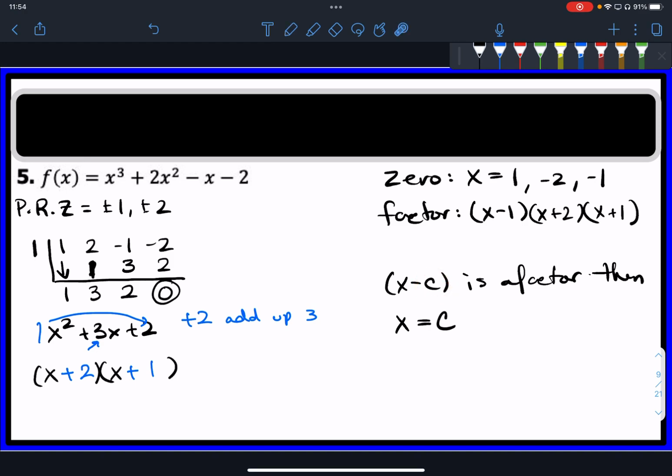And vice versa: if x is equal to c, then x minus c is going to be the factor. So here are my answers. My zeros are x equal to 1, x equal to negative 2, and x equal to negative 1.